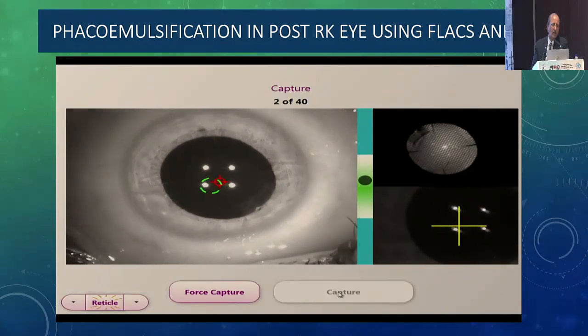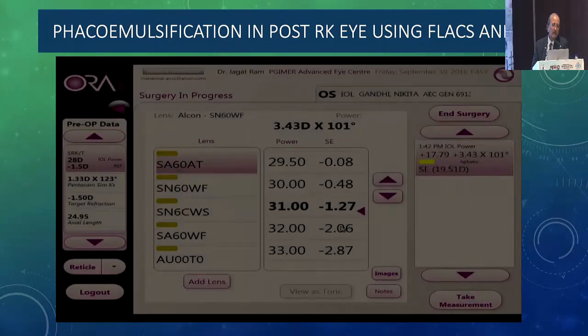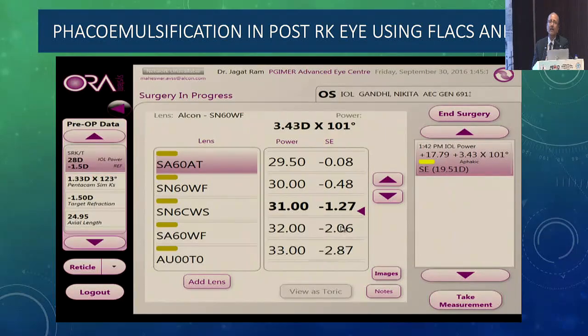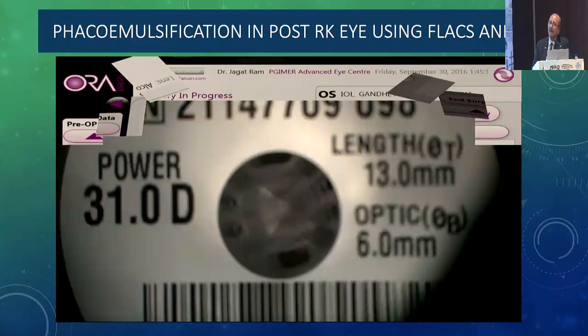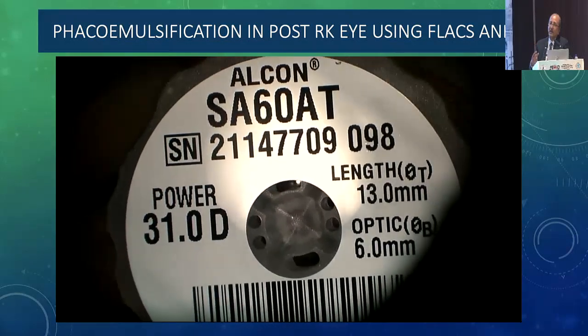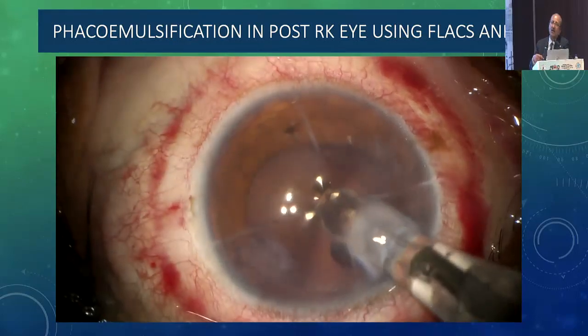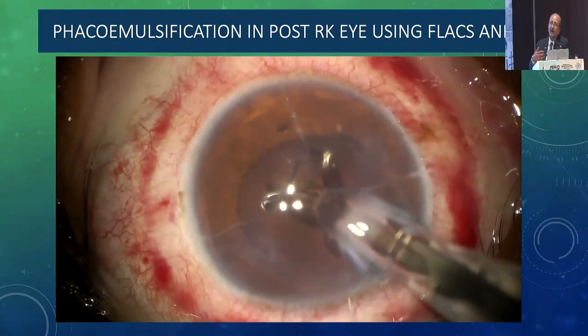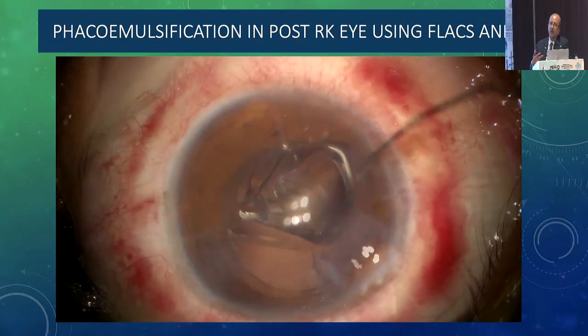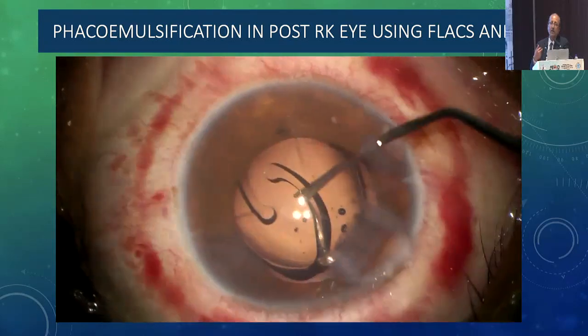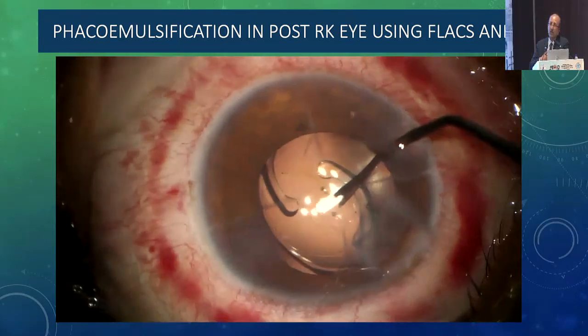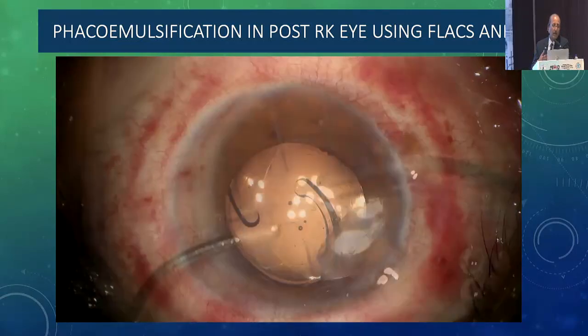This is intraoperative aberrometry, and it showed that 31 diopter is required, whereas optical biometry showed about 29 diopter. It showed extra, and this was much more accurate than the optical biometry, because otherwise we would have received about 2 diopter of hypermetropia. It goes toward the hypermetropic side, not the myopic side.